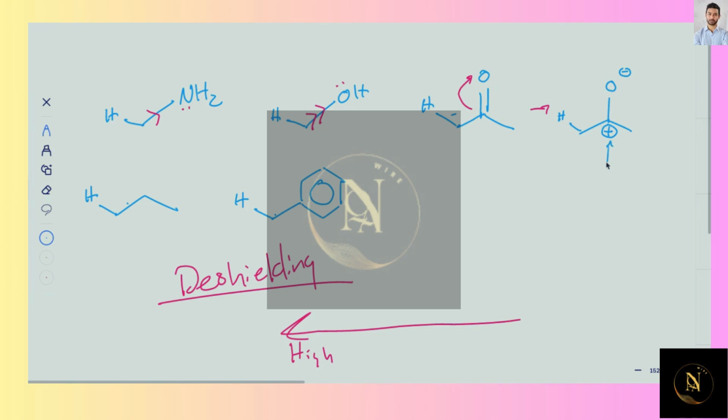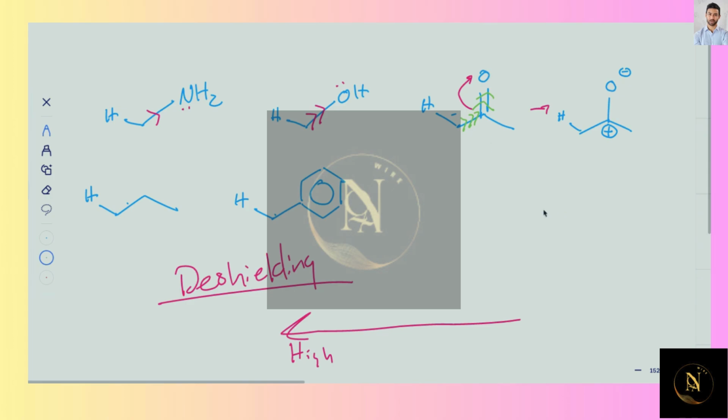And this formal positive charge is going to be more electronegative than any oxygen or nitrogen would ever be, supposing they're neutral. So the point is that this oxygen is pulling a lot of electron density from this carbon, and that carbon in turn is pulling a lot of electron density from this carbon, right?